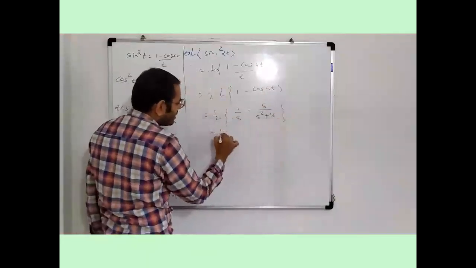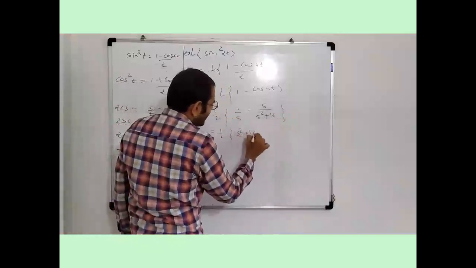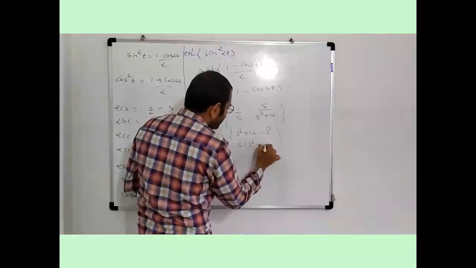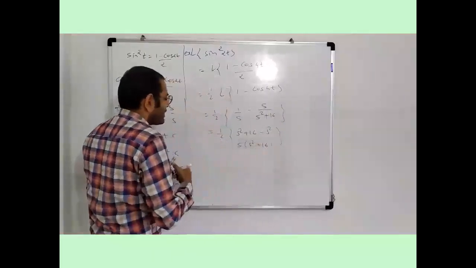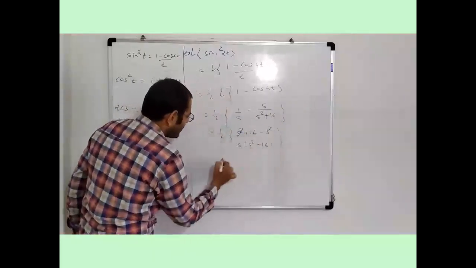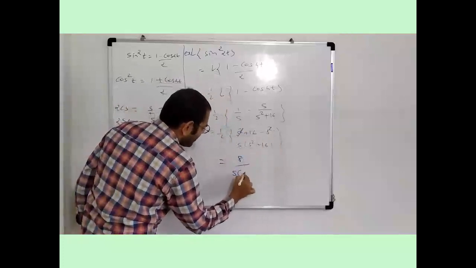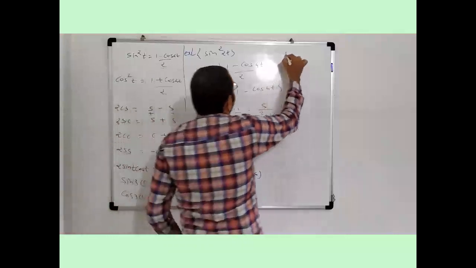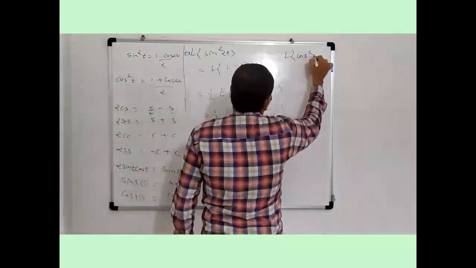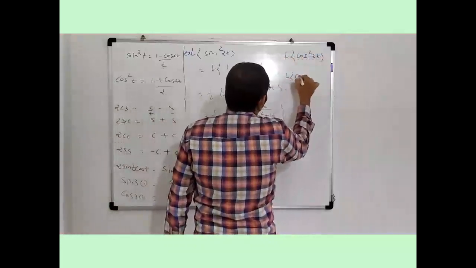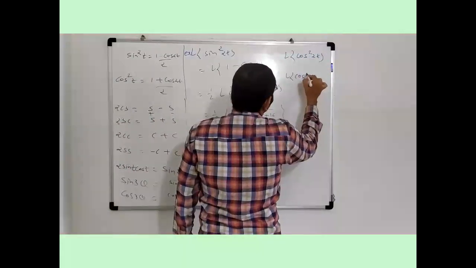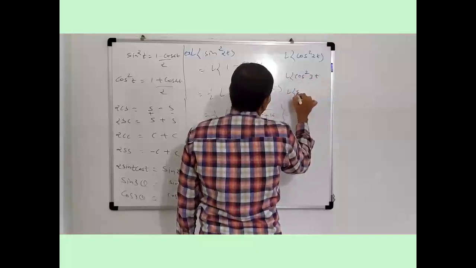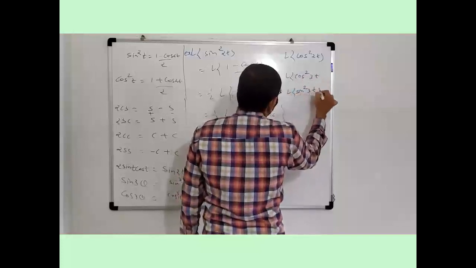Then simplify taking LCM: s square plus 16 minus s square upon s into s square plus 16. Then s square cancels out, and 8 upon s square plus 16. Similarly, you can find Laplace of cos square 2t, cos square 3t, sin square 3t, etc.